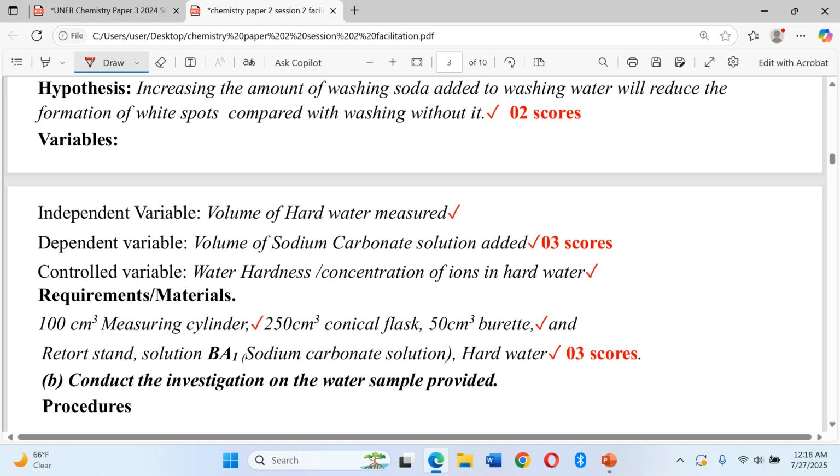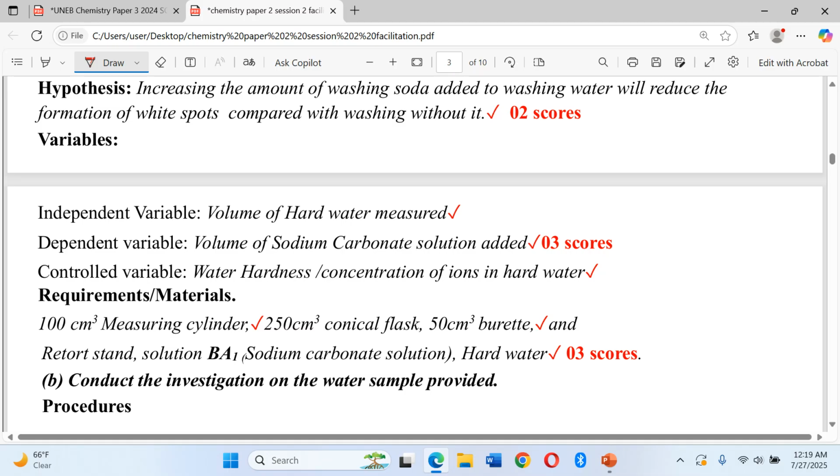Then on the same jerrycan of 20 liters, you test using maybe 1 liter, test using 2 liters, and then you see how much sodium carbonate is needed in 1 liter, how much sodium carbonate is needed in the other one. So the volume of sodium carbonate needed will be changing depending on the volume of hard water measured. So there you get all your scores.